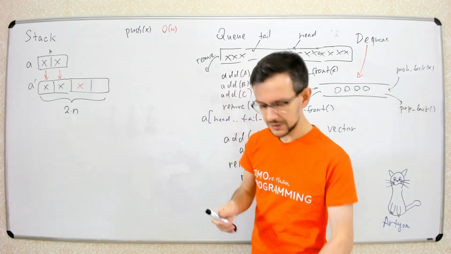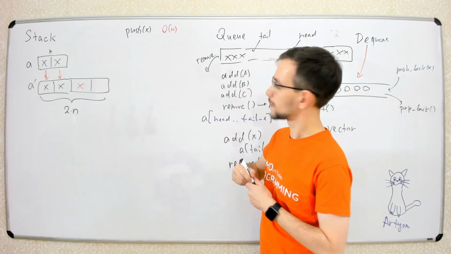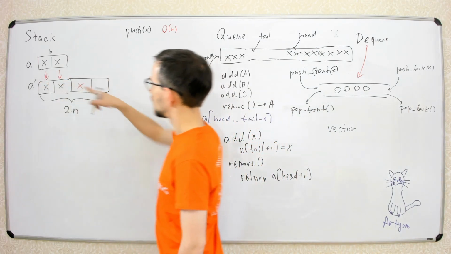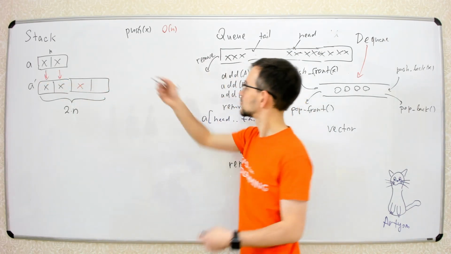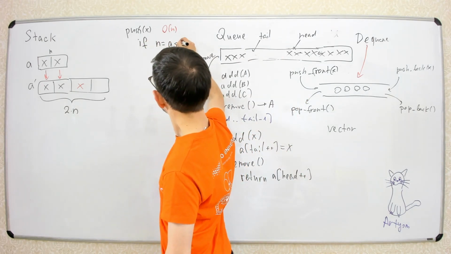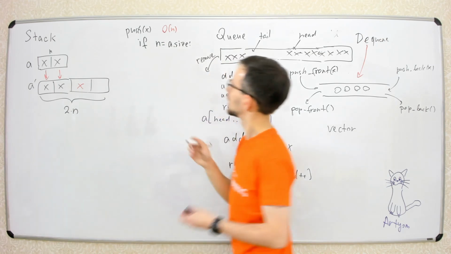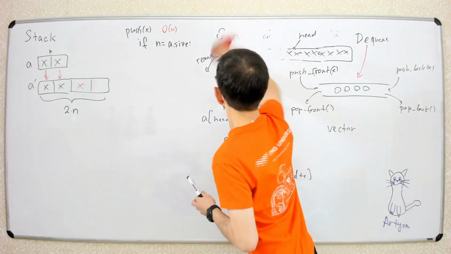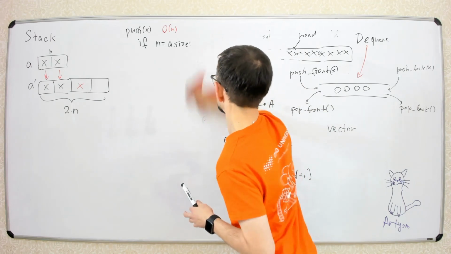Now let's just write the code. So what do we have? We have this number n. If the array is full, if n equals the size of the array, then we will create a new array.